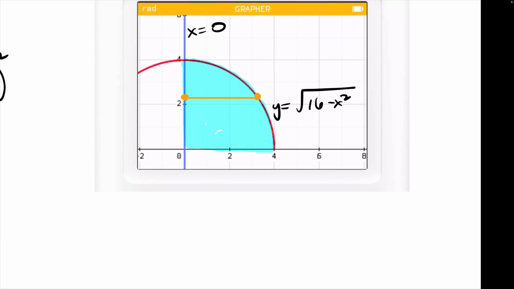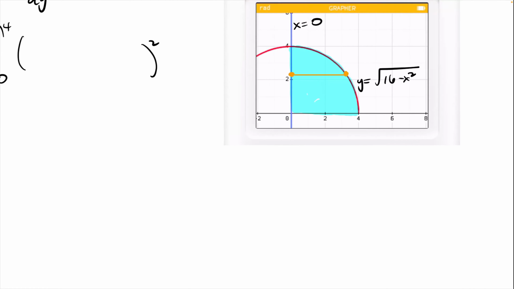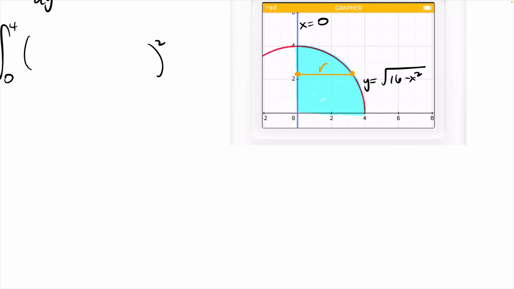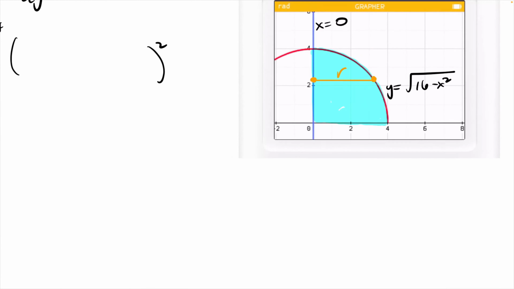That's why I draw a picture and shade it. Even if you just shade it with your pencil, it's important because you can see where the right and the left are. That's your R. That's your radius.